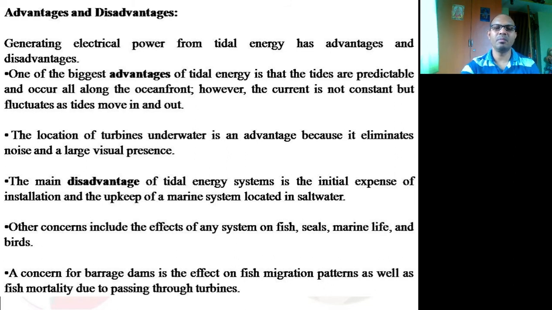The supply of power is not continuous, as it depends upon the timings of the tide. Therefore some arrangements, that is the double basin, multiple basins and pumped storage, must be made to supply continuous power. This further increases the capital cost of the plant.